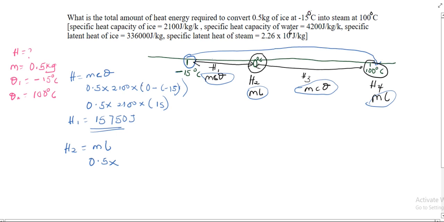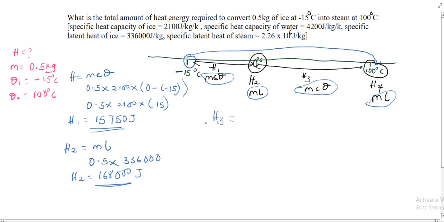We are given the value in the question: 336,000. So 0.5 multiplied by 336,000 equals 168,000. So we have our H2 equals 168,000 joules.